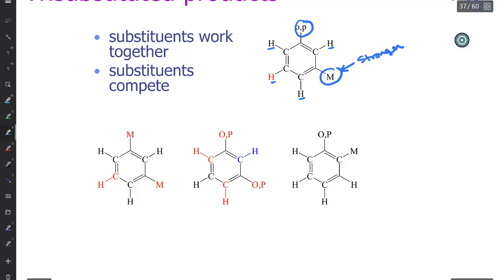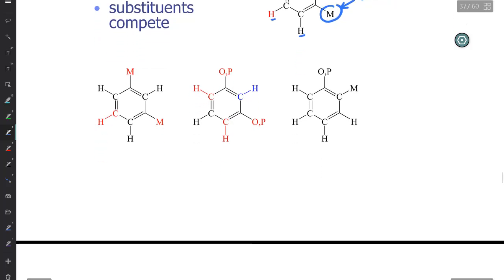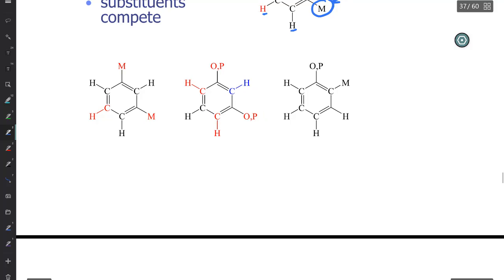Then what you'll get is primarily substitution in the meta position, but if the ortho para director is stronger, you'll get ortho para substitution. So you have to think about the relative strengths of the directing groups when you're doing this kind of analysis.